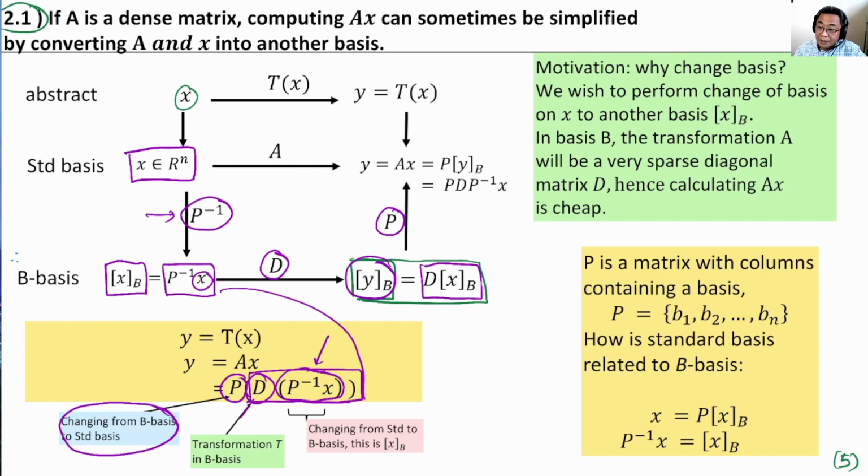P minus 1 x converts x from the standard basis to the B basis. So these three operations, P D P minus 1, actually represent A, the transformation in the standard basis.